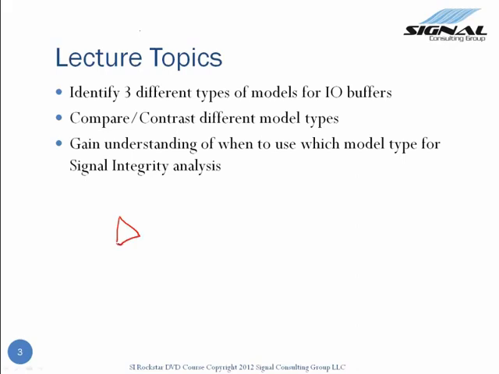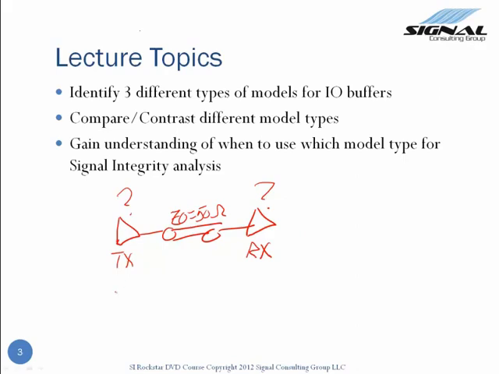So let me draw you a quick example here. If this is your driver, and then you've got a transmission line, and it comes over here to your receiver. So like I said, this is your TX, and this is your RX, and let's say this is 50 ohms. When you run simulation analysis in any EDA or SPICE tool, what are you going to use for your transmitter and receiver?